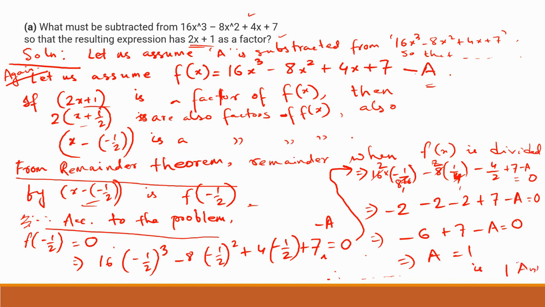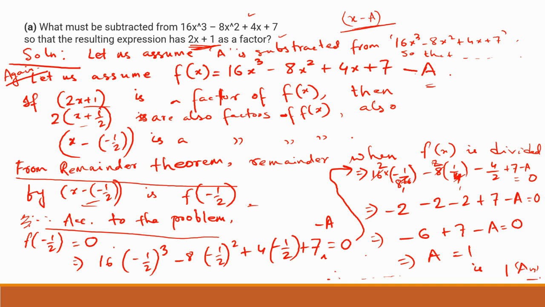This is the answer. So yeah, hope this is clear to you guys, because first what we did is we found the remainder. What should be the remainder? We tried to use our remainder theorem, and the remainder theorem always needs the divisor to be of the form x minus a, but our number 2x plus 1 is not of the form x minus a, so we converted that into the form x minus a basically, and that should also be a factor of that f(x).